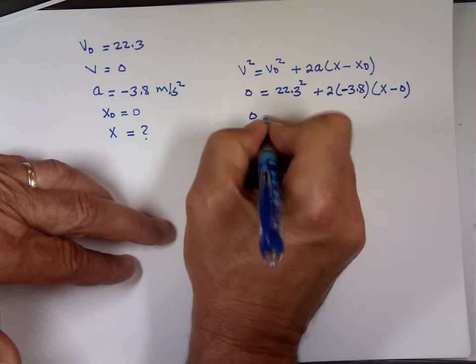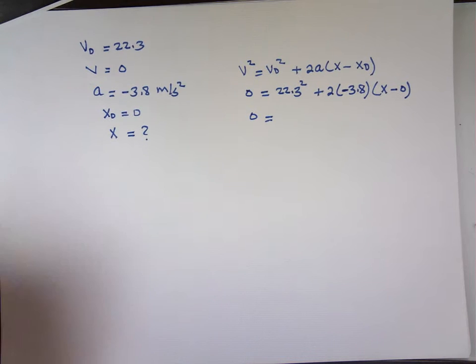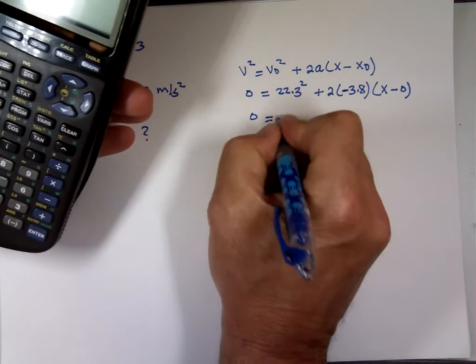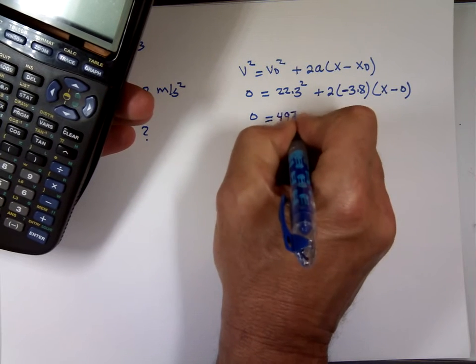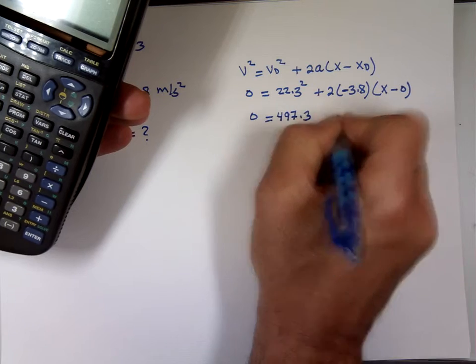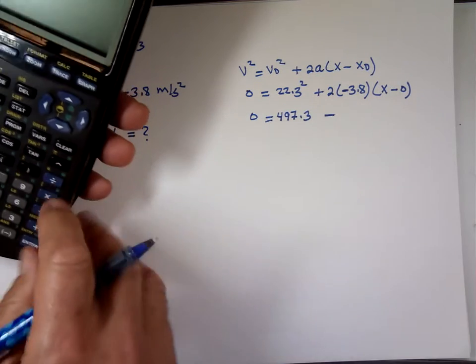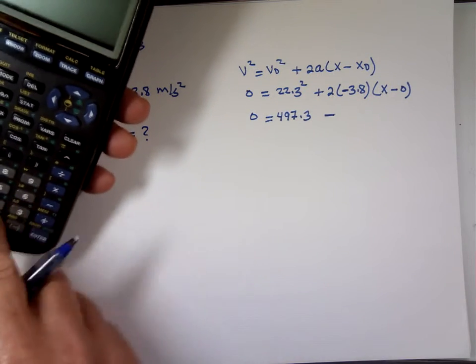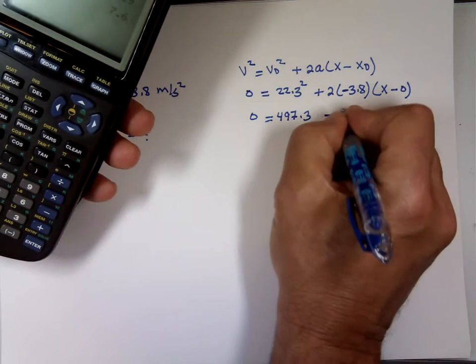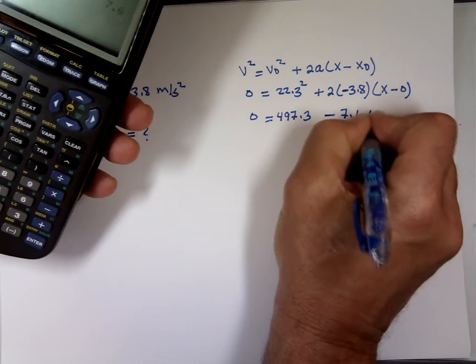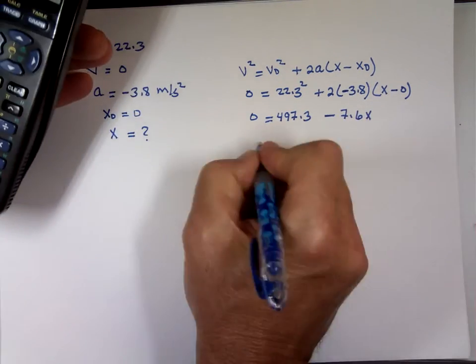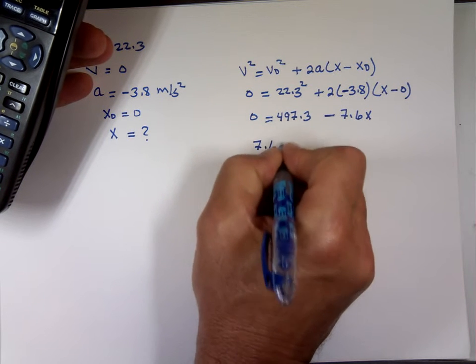Zero equals, let's take the calculator here, 22.3 squared is 497.3 minus 7.6x. If you take the 7.6x to this side, it turns to positive.